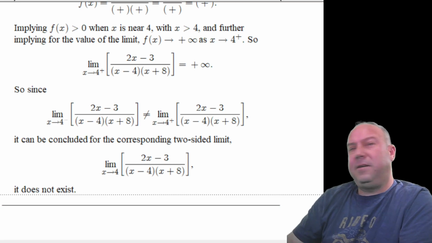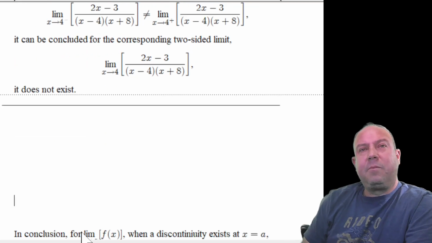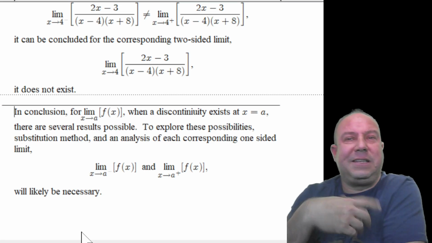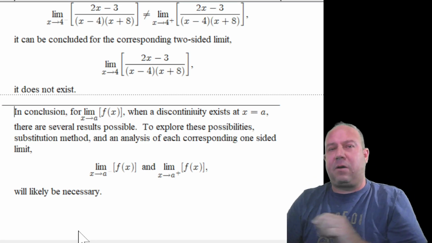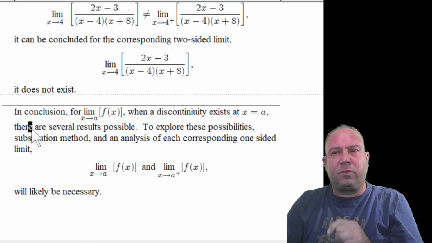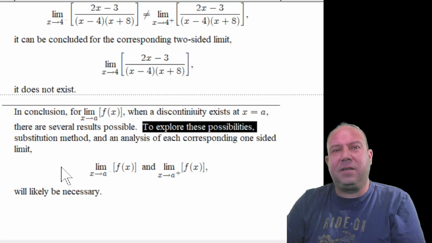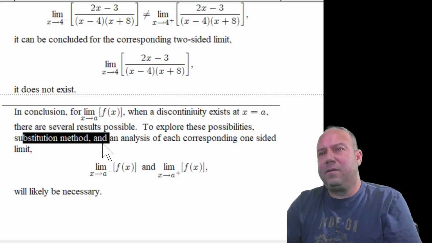Where am I at? Let's get down here. Bring this into view. I do have a conclusion. In conclusion for this limit, when a discontinuity exists at x equal to 5, there are always going to be several results possible. To explore these possibilities, you always want to start with the substitution method.